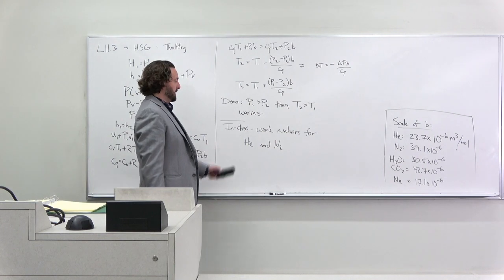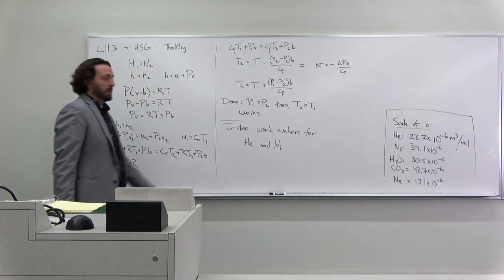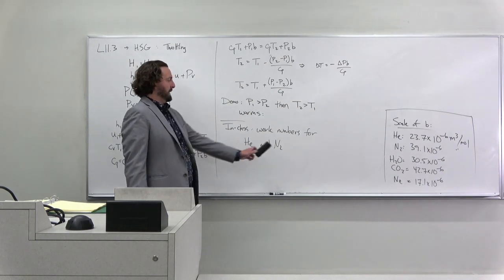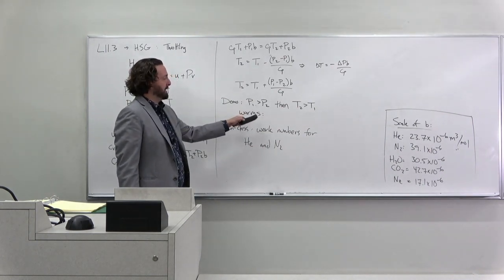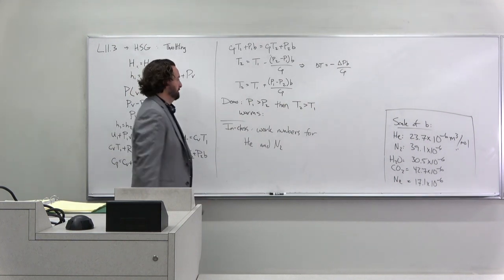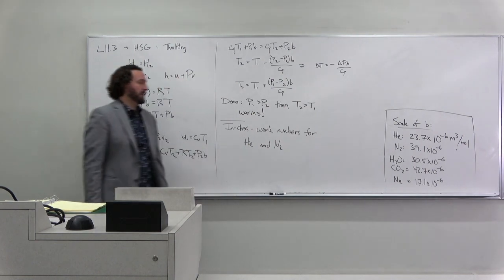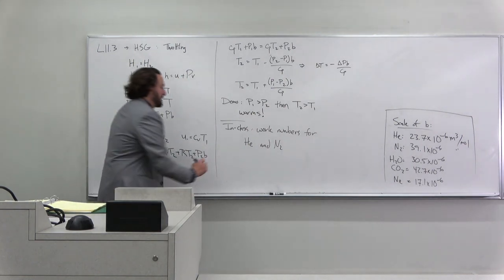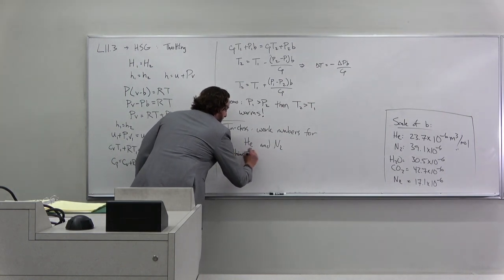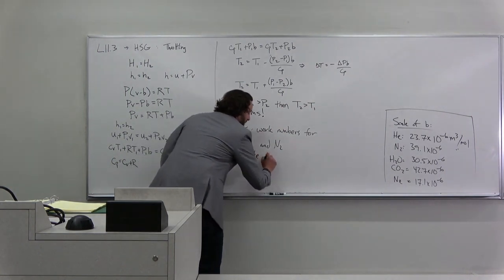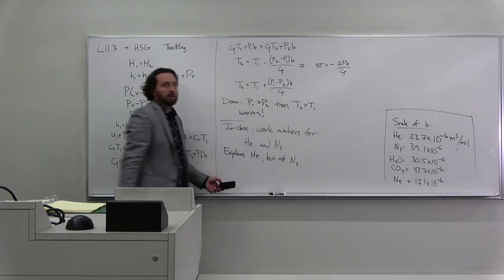But we already know that there's a problem. When we did our demo, the helium warmed, but the nitrogen cooled. And this says whenever we do expansion, we should get warming. So this explains helium, but not nitrogen.